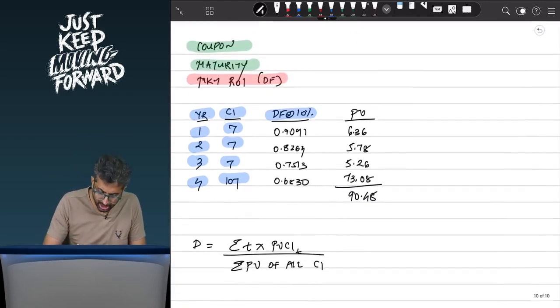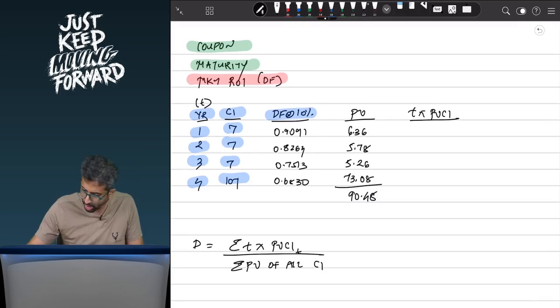So it says T, that is the years, into PVCI. So this is T into PVCI. If I do this, it is 1 into 6.36, that is 6.36, then 2 into 5.78, 11.56, 3 into 5.26, 15.78, and 4 into 73.08, 292.32.